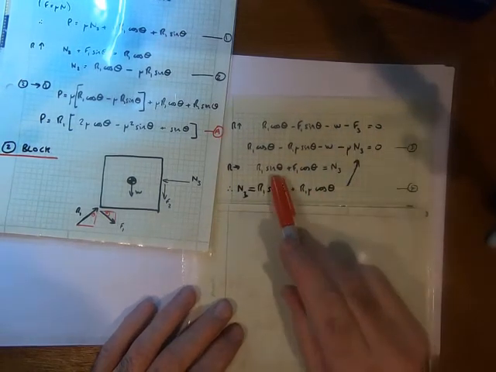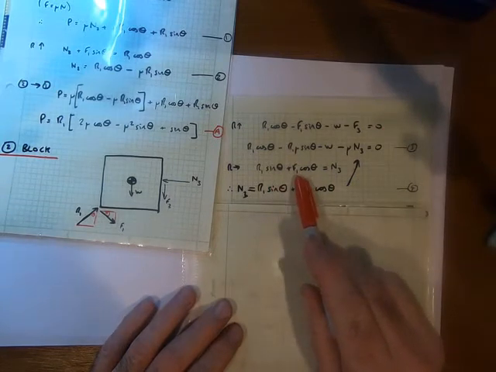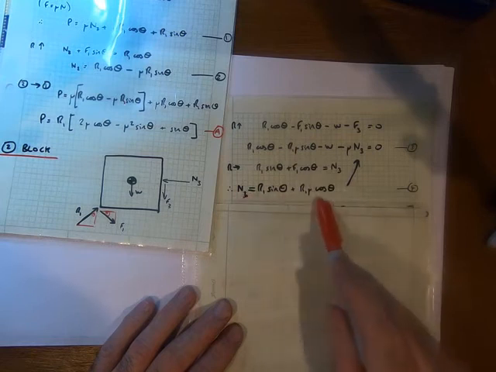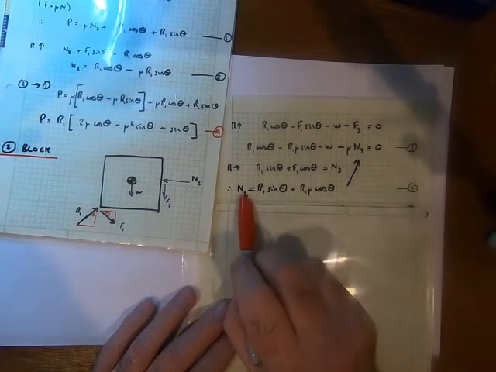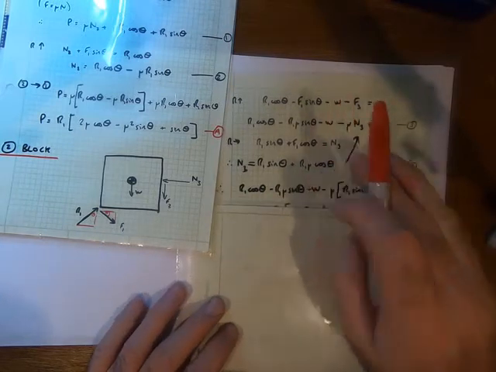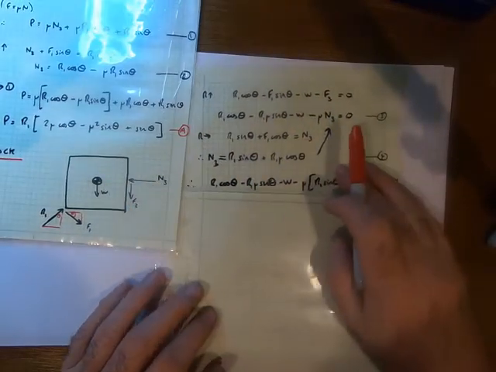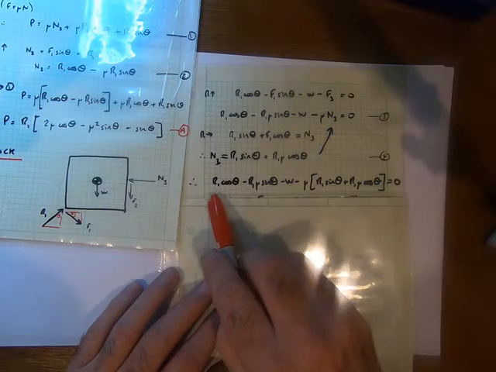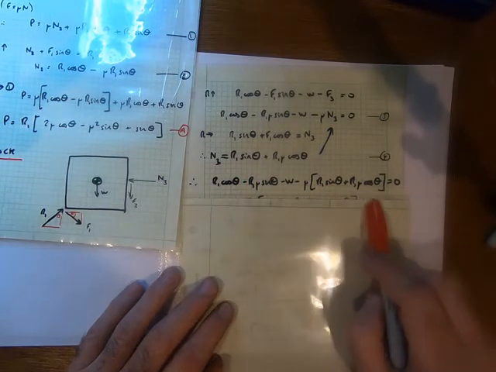So we get R1 sine theta plus mu R1 cos theta, and all of that equals the N3. And now I'm going to substitute for N3 back up into this equation. So there's a lot of algebra here, but it's not particularly difficult. Just make sure you don't make mistakes. So with that substitution, we end up with this expression.